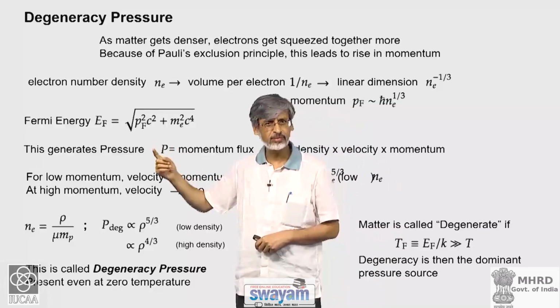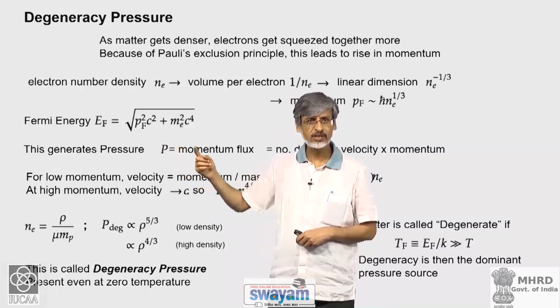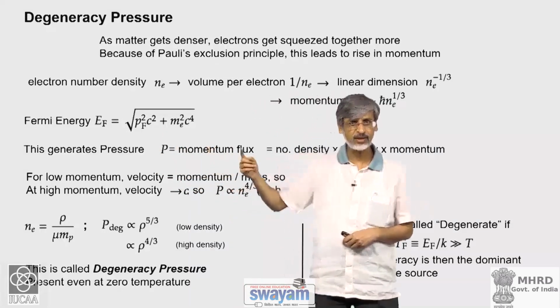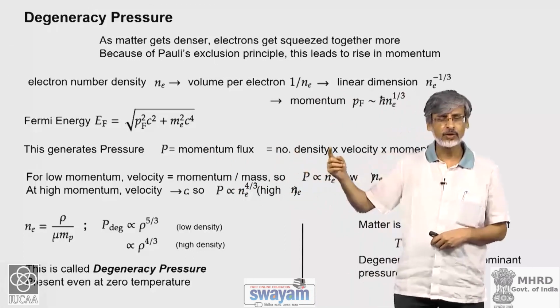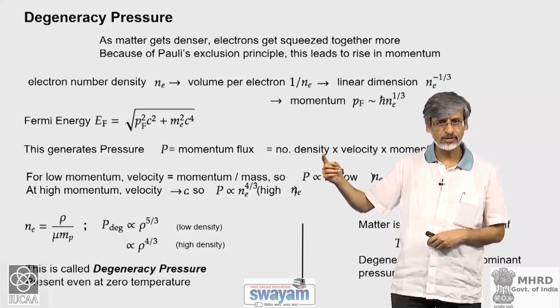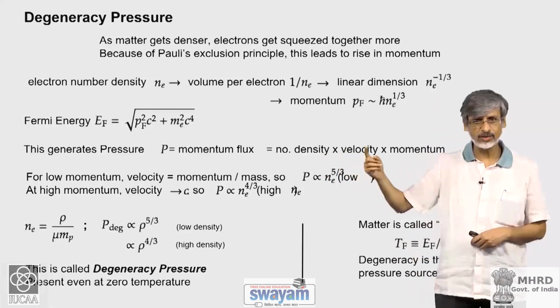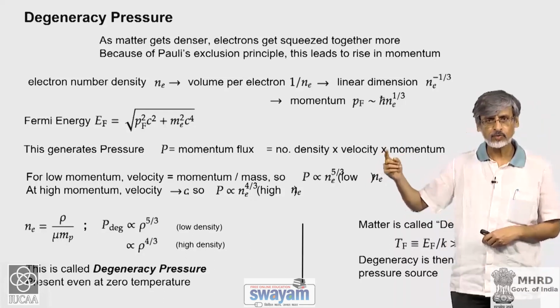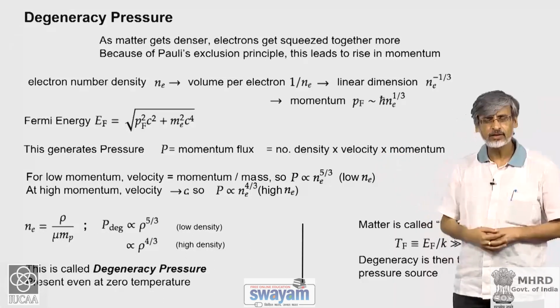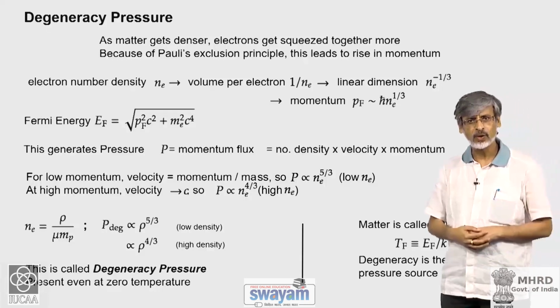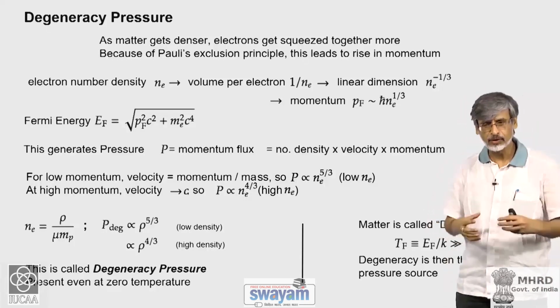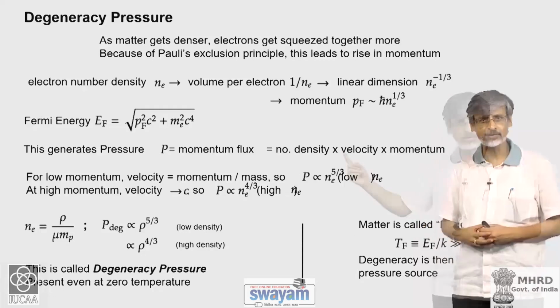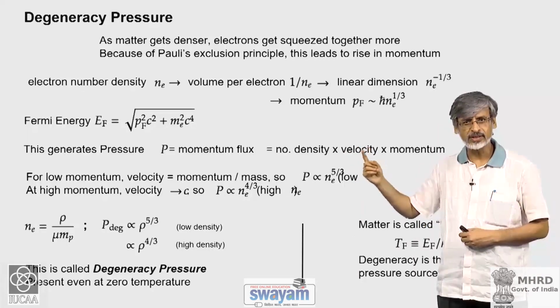This rise in momentum generates a pressure P, which is equal to the momentum flux, which is the product of the number density of the electrons times the velocity of the electrons times the momentum itself. So, using that, we can try to estimate the pressure that this simple squeezing of electrons is going to give rise to.